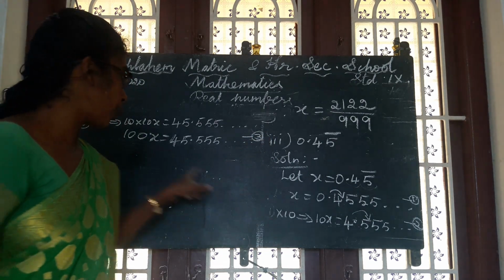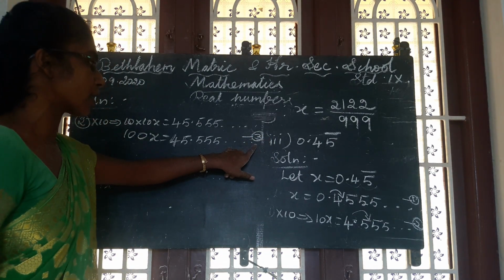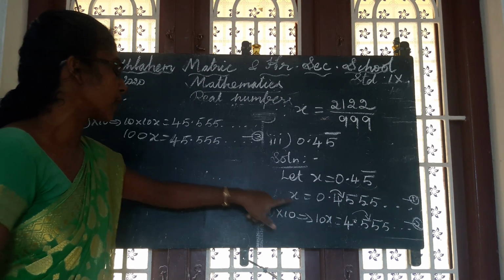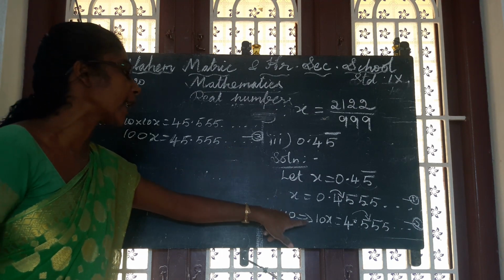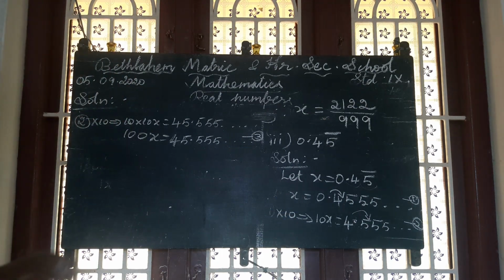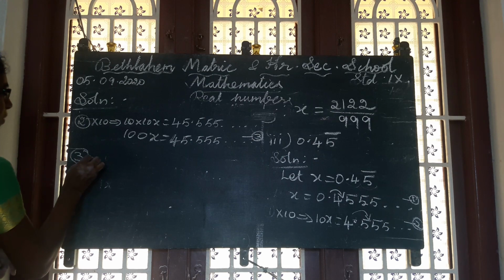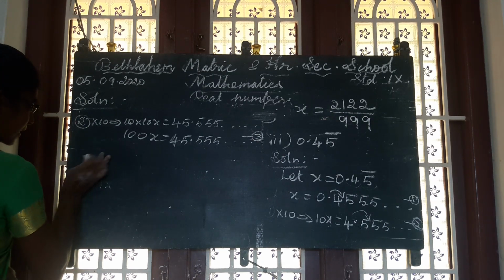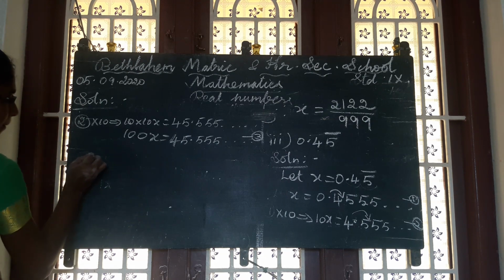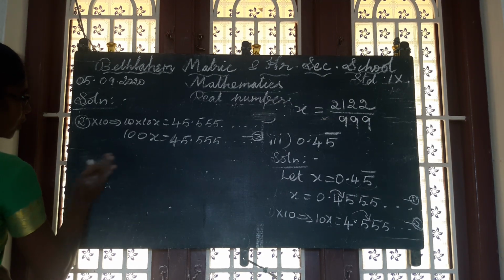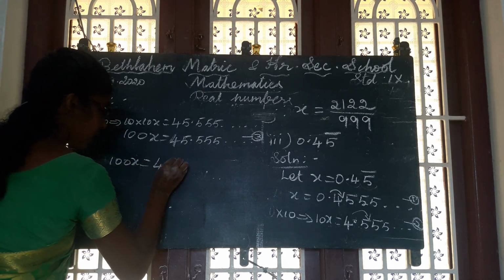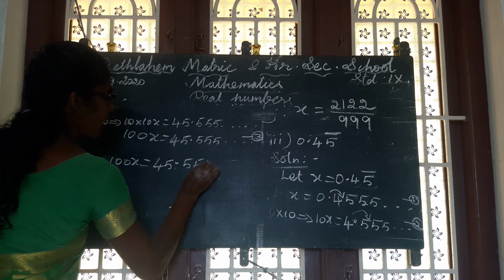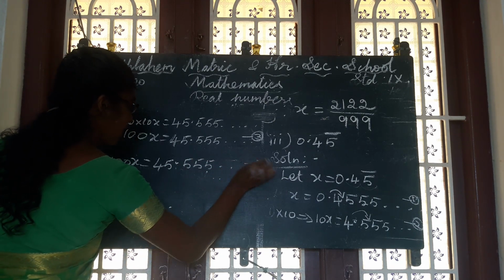Now, you want to subtract equation 2 from equation 3. What will we get? First you want to write the 100x equation, which is equation 3. 100x is equal to 45.555, etc. This is equation 3.